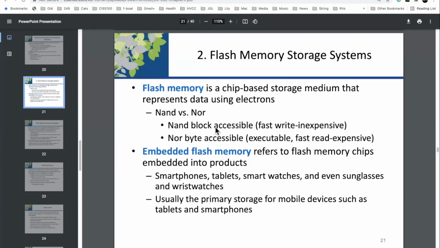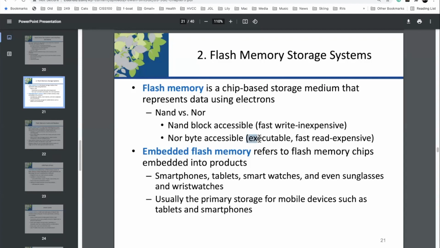NAND is block accessible. So this is similar to the sector addressing, and actually cluster addressing, that we see on magnetic hard drives. Whereas NOR is byte accessible. So this is similar to what we see in memory. Recall, the byte is the smallest addressable unit in memory, has contents and address.